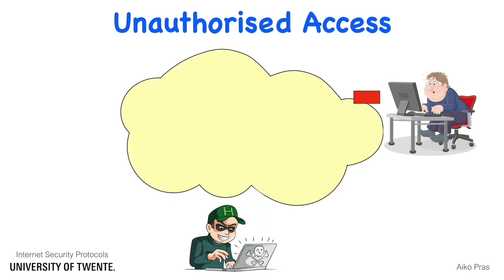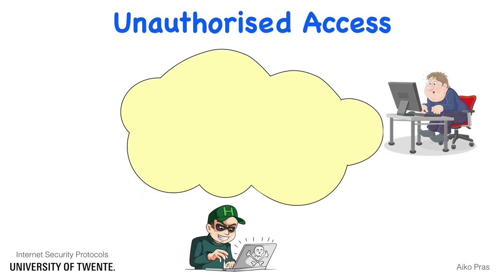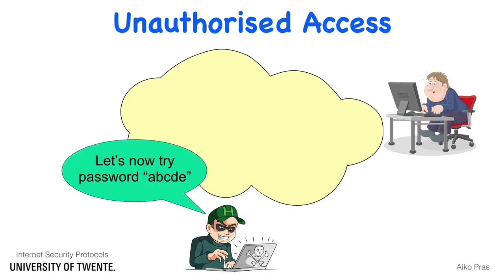The login attempt is sent to Bob, but since 12345 is not the correct password, Bob's system reacts with an error message. After reception of this error message, the attacker knows that the password 12345 doesn't work. The attacker may now try another password, for example ABCDE.